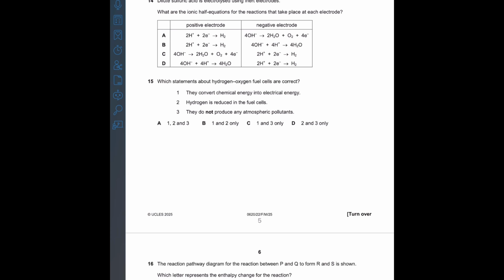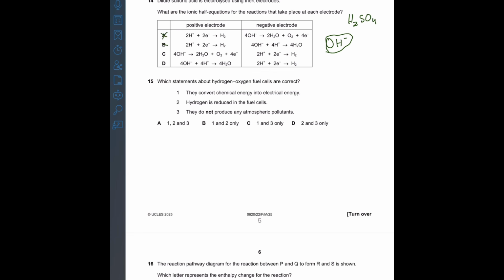Which are those? Which are OH. OH because dilute sulfuric acid is SO4, right? But since it is dilute, the water molecules or the hydroxide ions will be going to the positive electrode. So what is the correct option for them?